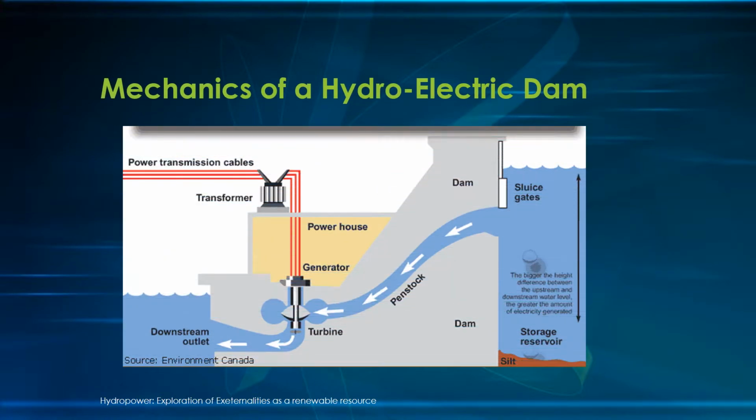The diagram on this slide shows a basic rundown of how a hydroelectric dam operates. The process of making electricity starts when the water enters the dam through the sluice gates. Once inside the facility, it travels through a tunnel, also called a penstock, where it then reaches the turbines. As the water passes through the turbines, it creates an electromagnetic field where the generator is able to turn it into conventional electricity.